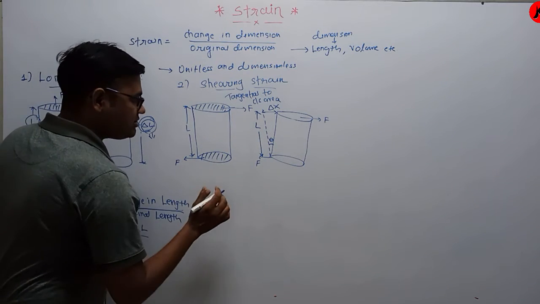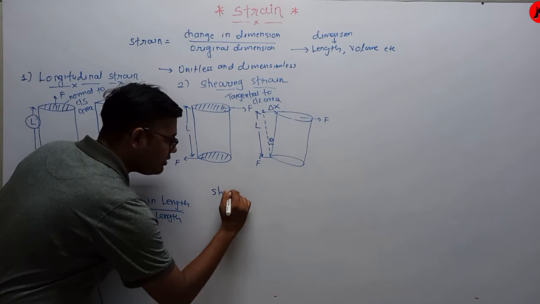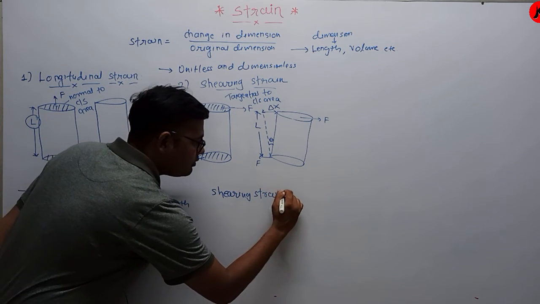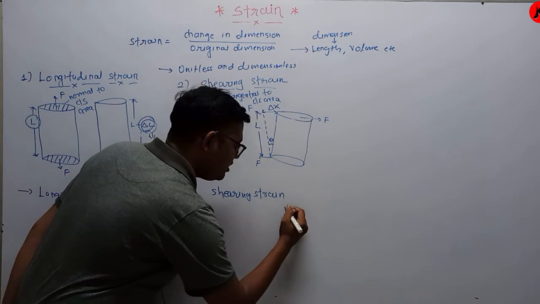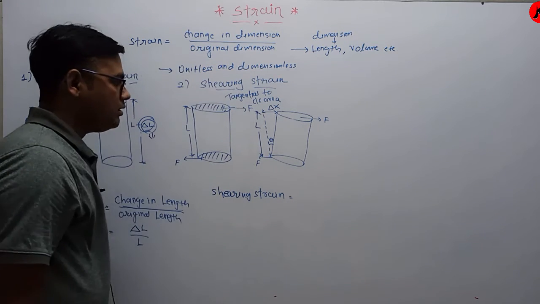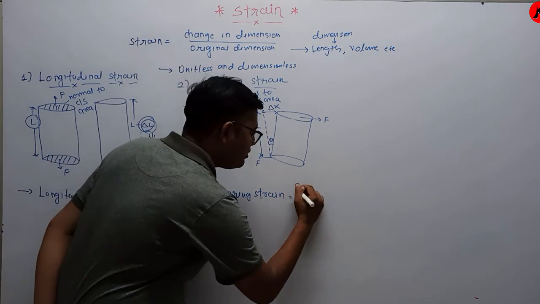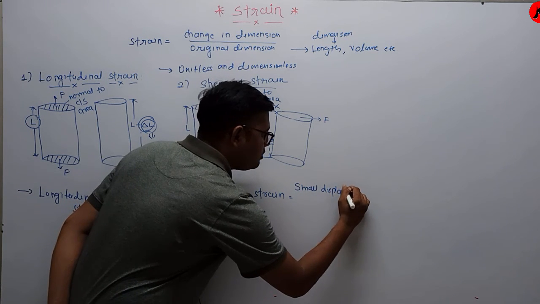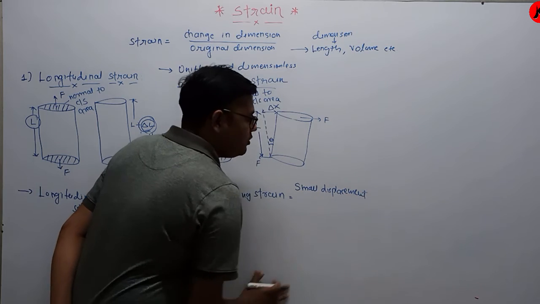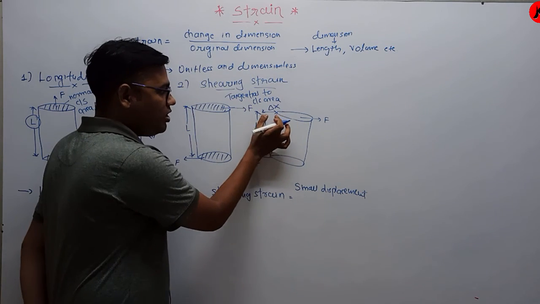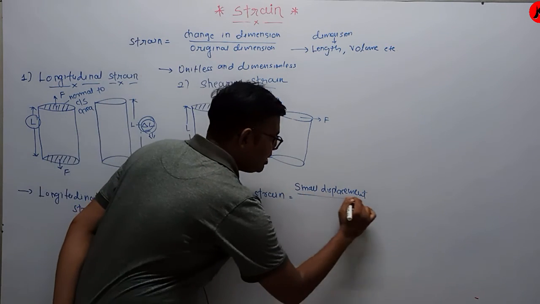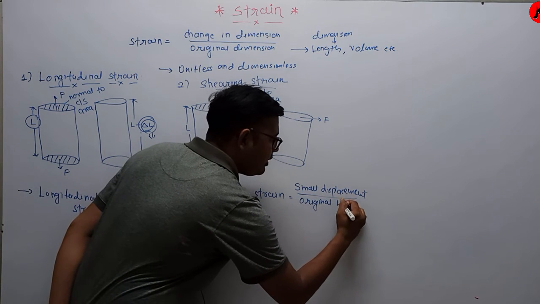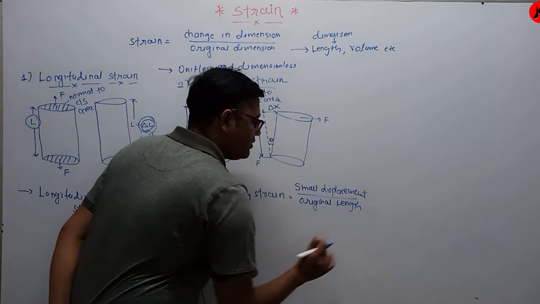So in this case shearing strain is given by the ratio of small displacement of the two faces divided by original length, right?